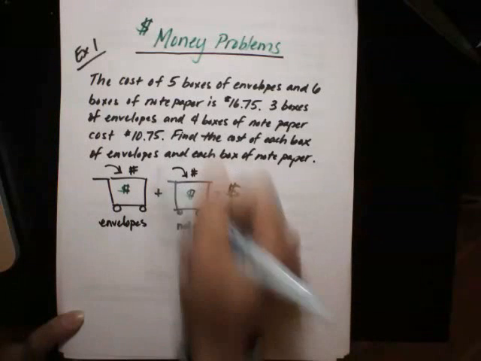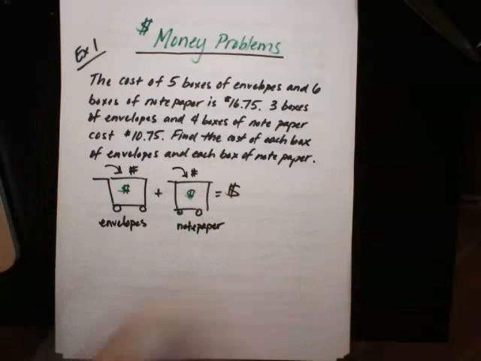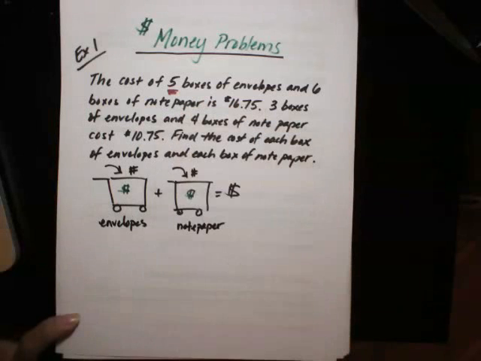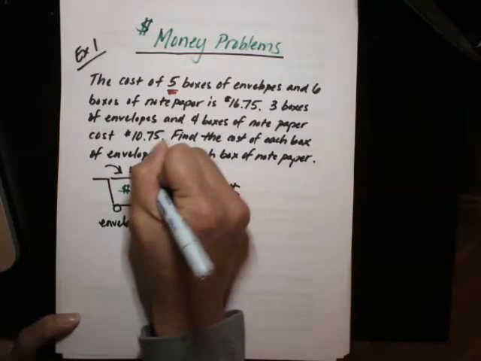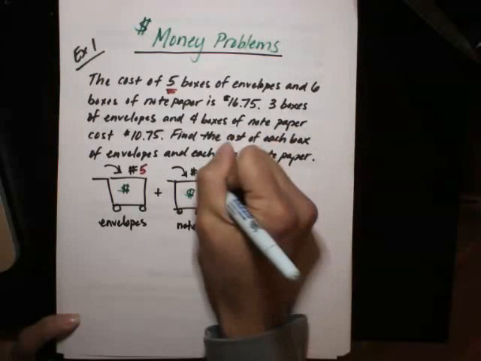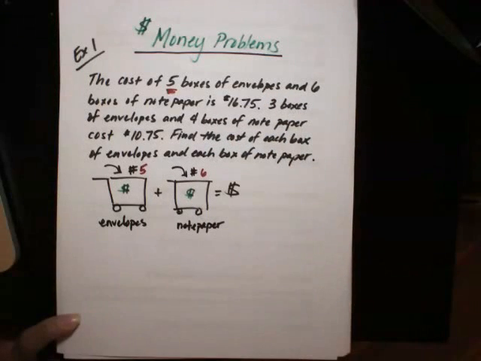I'll use red for the very first sentence. You have 5 boxes of envelopes, so I'm going to put a 5 here. And you have 6 boxes of notepaper, so I'm going to put a 6 here.